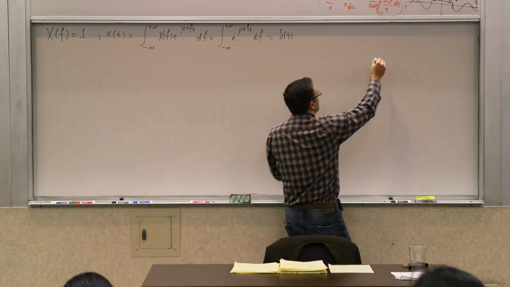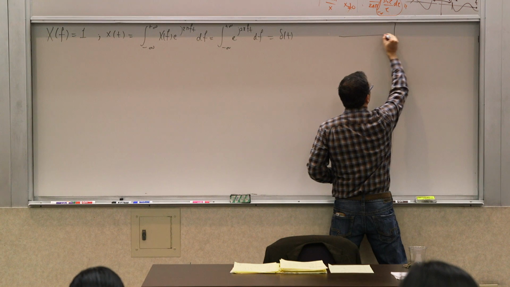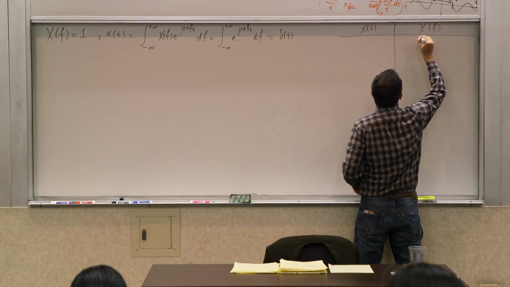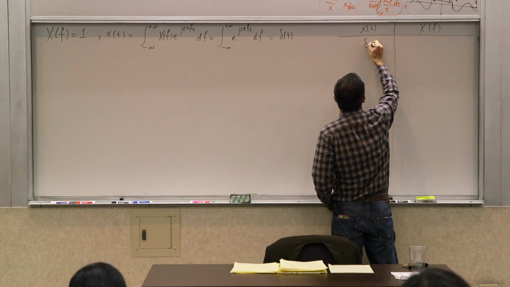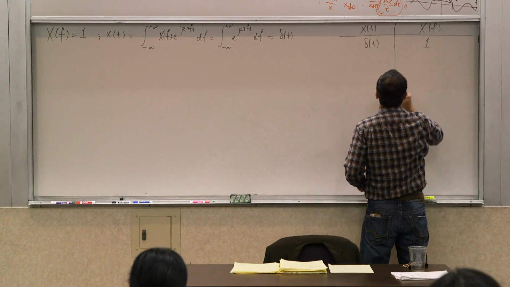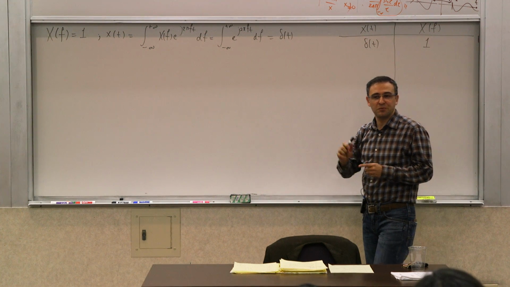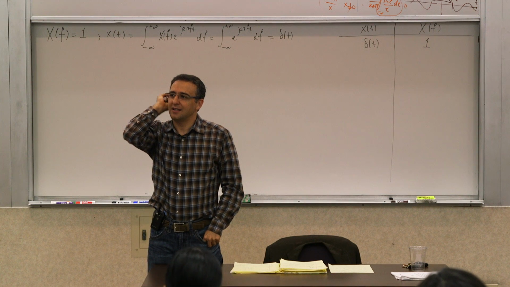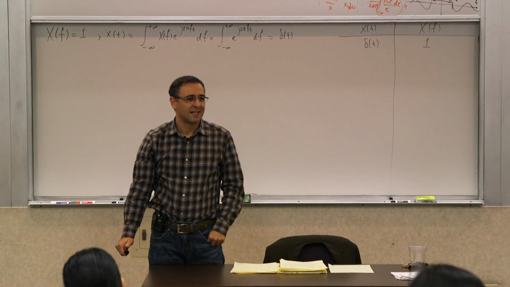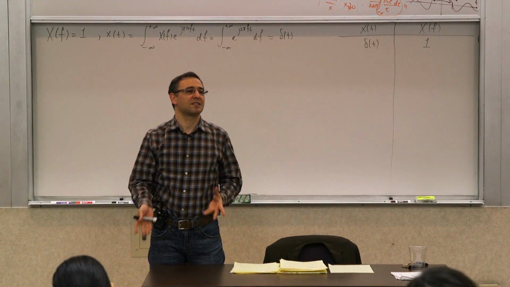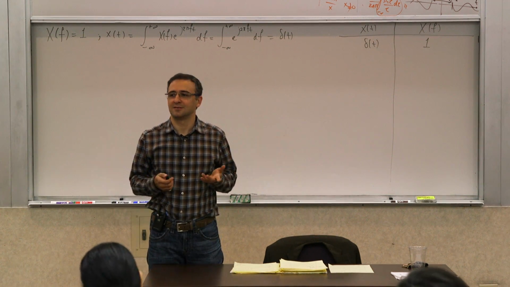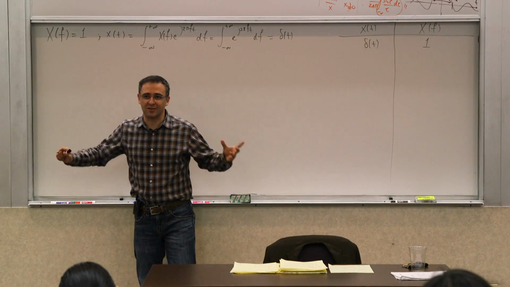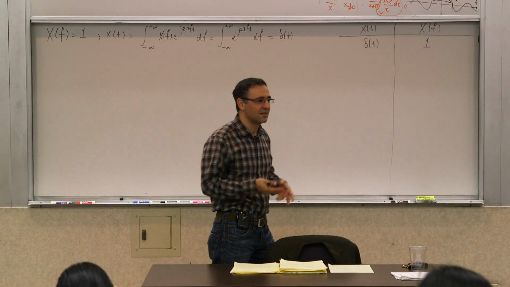So if we look at x of t and capital X of f, if you start with delta of t, then you get 1. Which means that delta has an equal amount of energy at all frequencies. It excites all of the natural frequencies by the same amount. You remember we had this discussion about why we use delta and things of that. So you excite all of the natural modes, right? You excite everything.